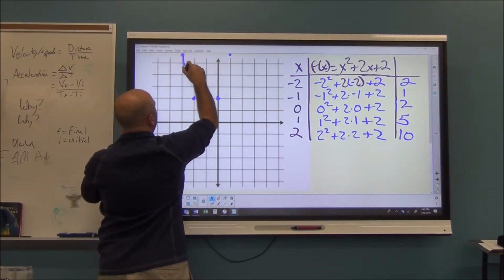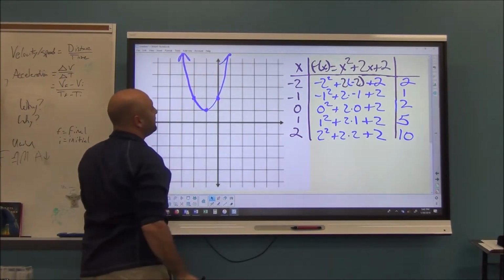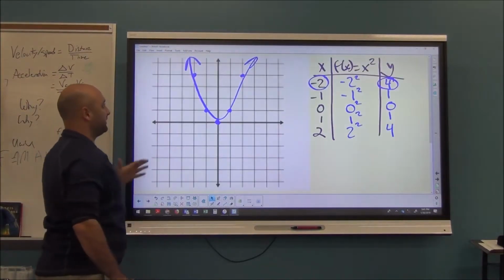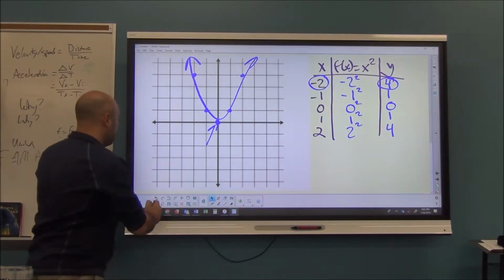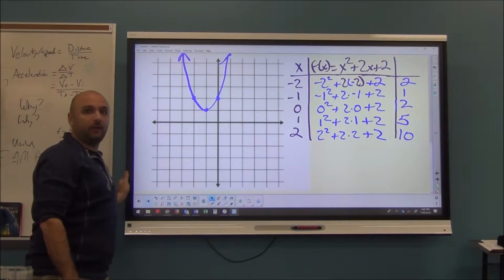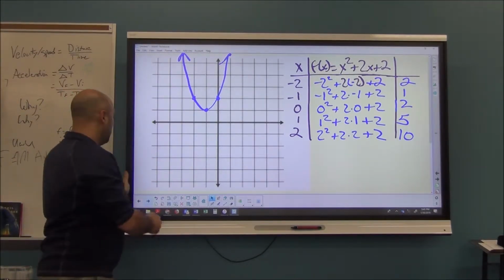The point is, I got another fancy little quadratic. When we have our original x squared function, the vertex is right here at the origin. For this one, it's now moved. So we want to talk about how it moves, where it moves, and why it moves.